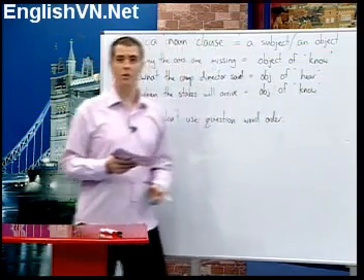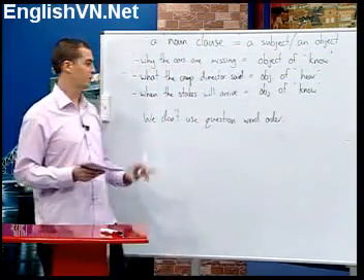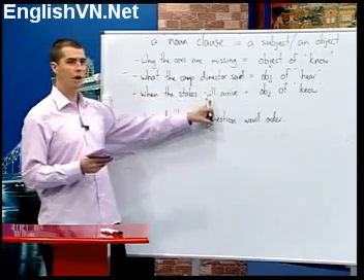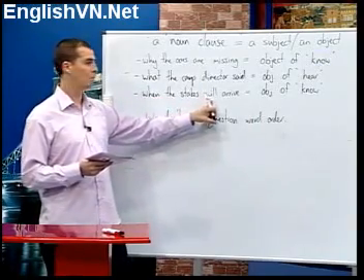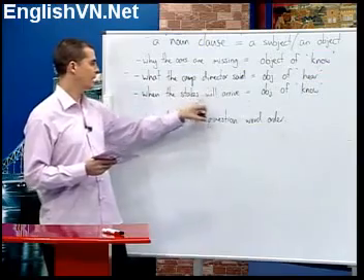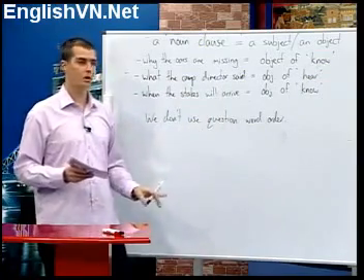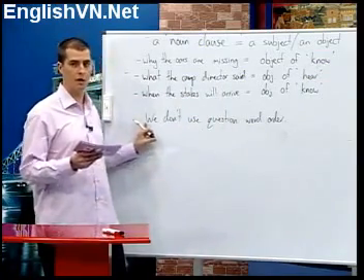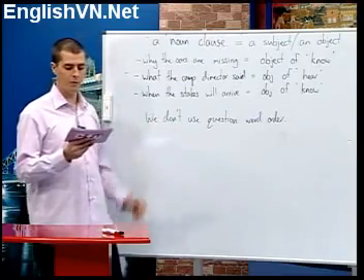In a noun clause, we don't use question word order. This is not a question. When the stakes will arrive is not a question. The question would be, when will the stakes arrive? So it's not a question. We don't use question word order. Subject comes before the verb.